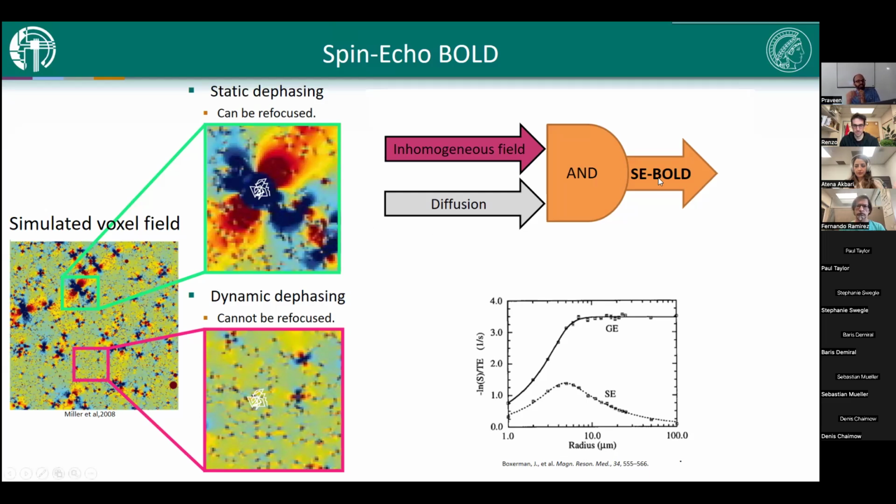So spin echo BOLD in theory is like a diffusion contrast, but instead of applying a diffusion sensitizing gradient ourselves, the microvasculature will generate such a diffusion sensitizing field for us. So when you combine diffusion and a heterogeneous field, you get a spin echo BOLD, which is of course a smaller effect than gradient echo, but has much less macrovascular contribution.